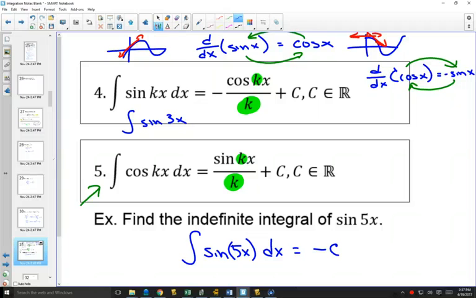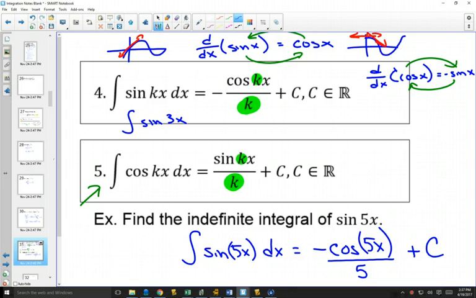So we'd have a negative cos 5x. Now if I did the derivative of that, I'd have a chain rule which multiplied by 5. So to compensate, I have to divide by 5 plus c.